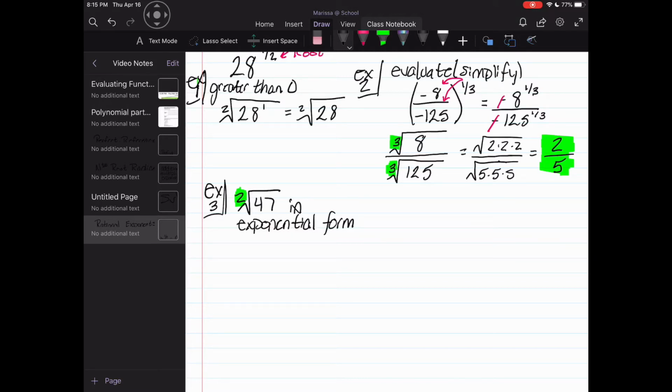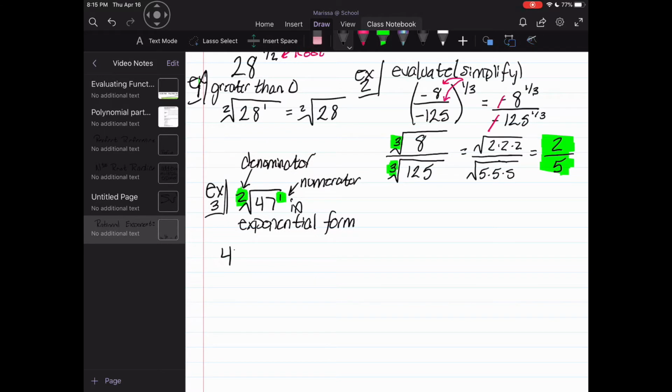So I know that the denominator, remember whatever here is my denominator in my fraction. And I know whatever the exponent is on the inside is the numerator. And since there's nothing there, we assume it's a 1. So I'm going to have the base of 47, because that's the large number on the inside. And my exponent will just be 1/2. That's all you have to do there.